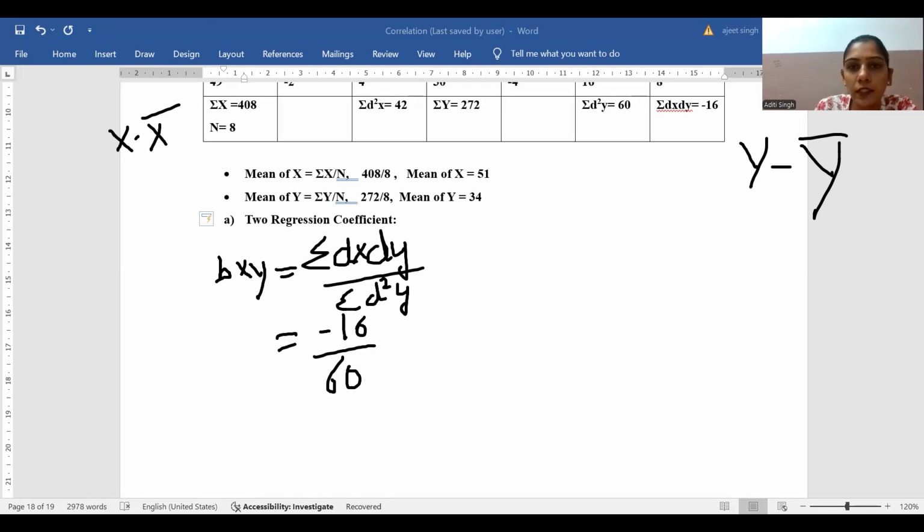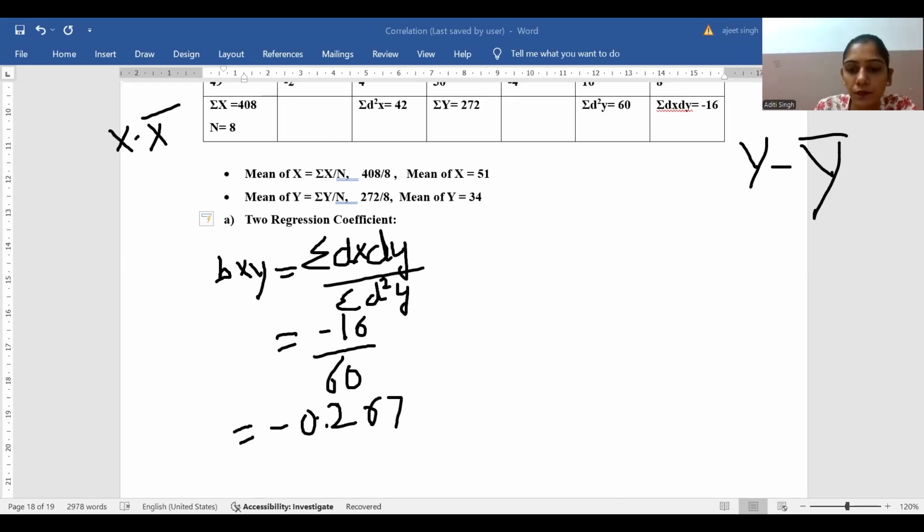Let's calculate this. Minus 16 divided by 60 is minus 0.267.